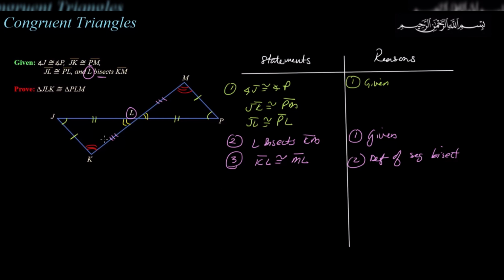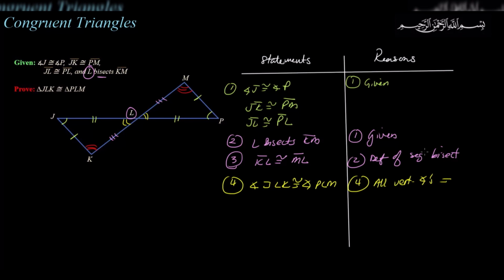Then I said I got these two vertical angles, right? So I put the vertical angles. So I say angle JLK is congruent to angle PLM, because all vertical angles are congruent, we proved that before.